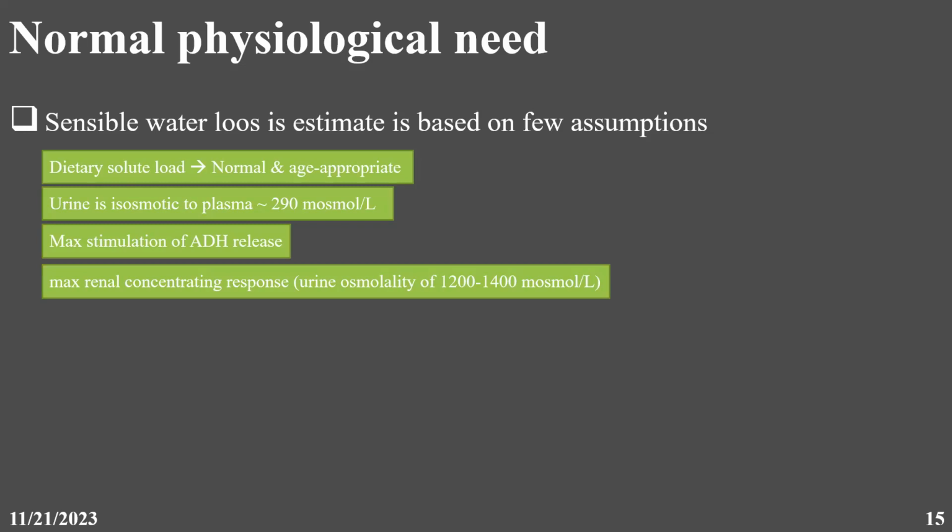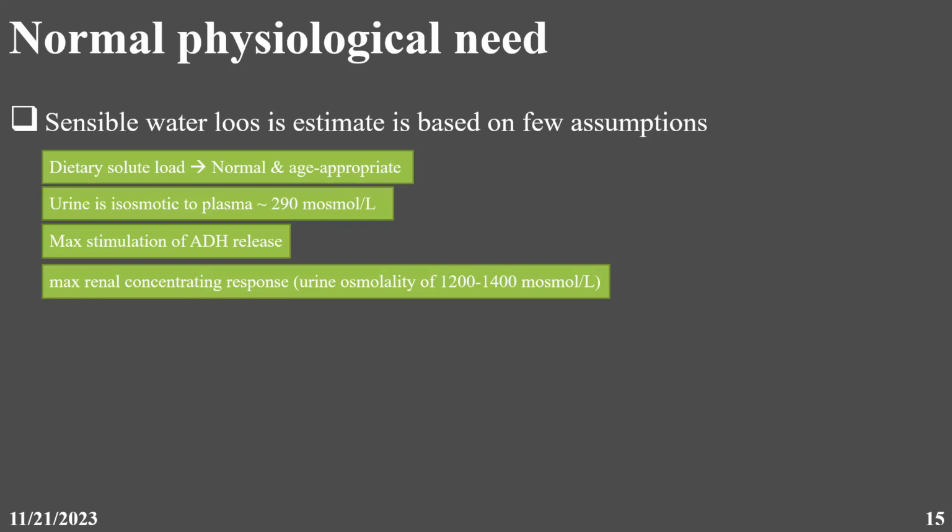Now the dietary solute load. Remember, we talked about the sensible water loss. When we calculate the loss, we have assumptions. When we calculate the standard urine loss, first, the normal intake of solute and electrolytes is normal.